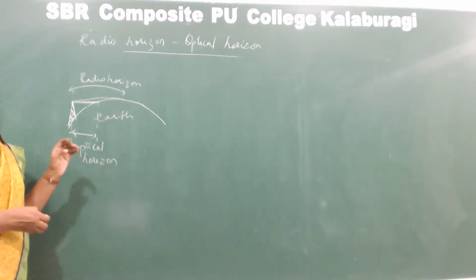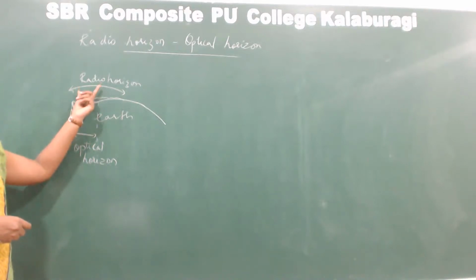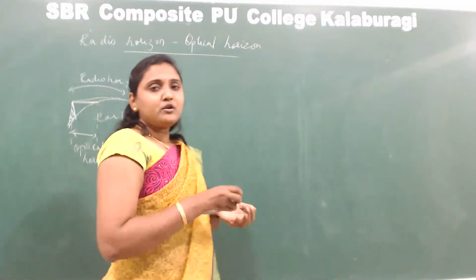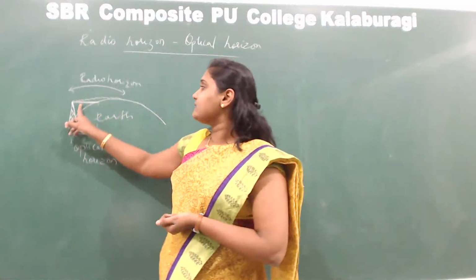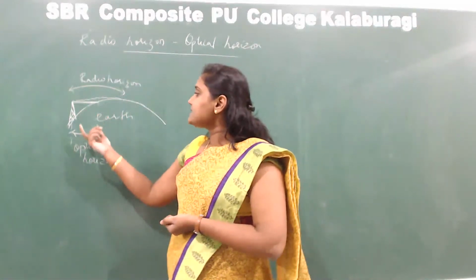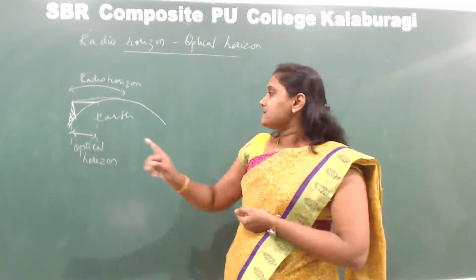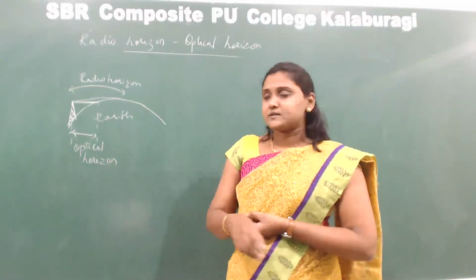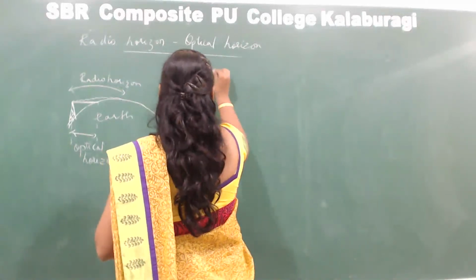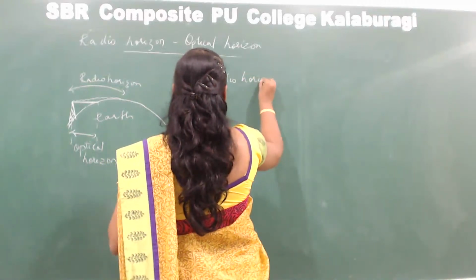So from the figure you can get an idea. The amount of distance the radio waves can cover, the amount of distance the radio wave can travel, is called what? Radio horizon. Whereas the distance that is maximum visible to the naked eyes is called what? Optical horizon. This is just about the definition. Radio horizon and optical horizon.